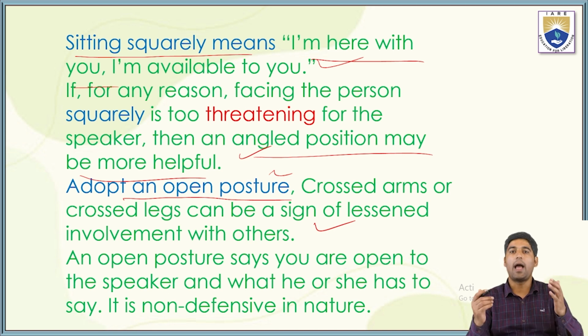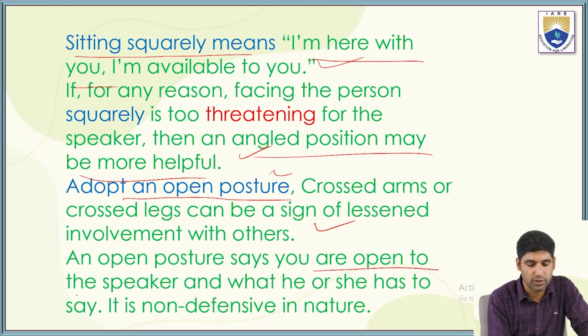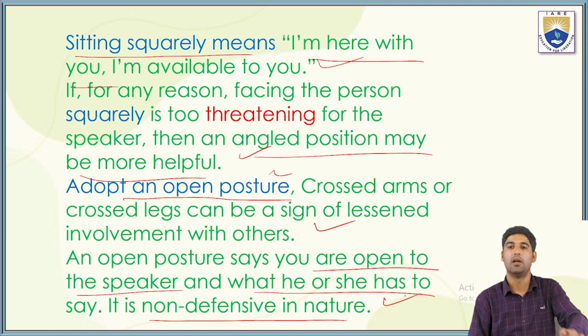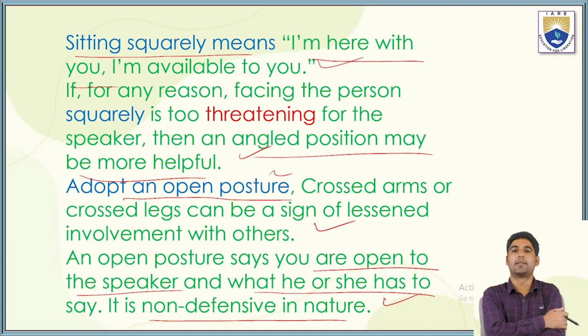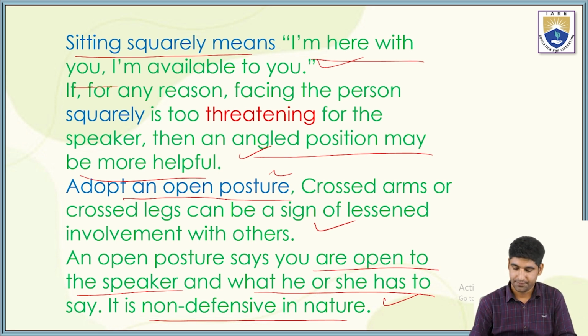I should have an open posture where I can use my body language. And open posture says you are open to the speaker and what he or she has to say. It is non-defensive in nature. When you listen sitting cross-legged, it means you are passive listeners. You are not giving the feeling to the speaker that we are active listeners.